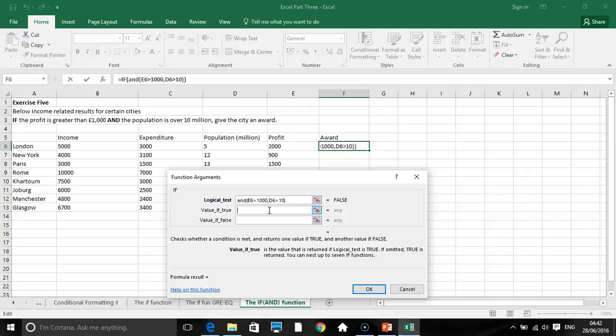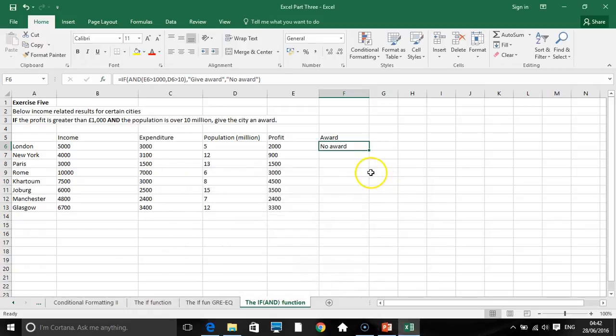If that is the case, give an award. If it is not true, no award. And you click OK. In this case, the profit is greater than 2000, but the population is less than 10 million, so there is no award.